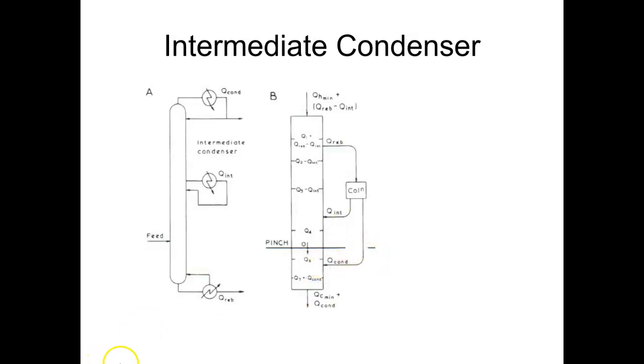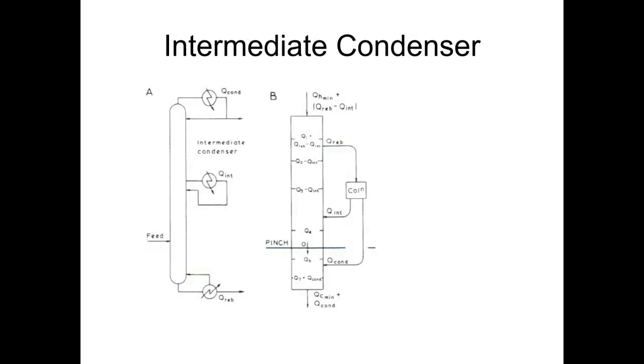So this is your actual condenser and this is your intermediate condenser. What we can do by putting up an intermediate condenser is exchange the heat equivalent to the intermediate condenser. We can take the heat from the process which is equivalent to the intermediate condenser, and then we can give it back. So the energy balance here is not getting impacted, and hence we can save some amount of energy from the utility section.